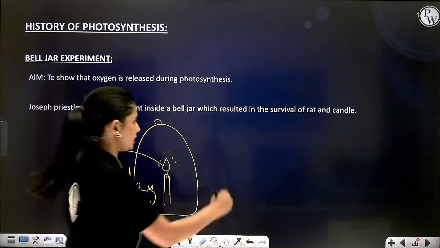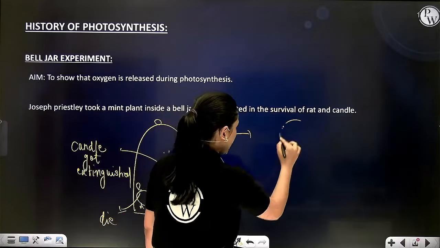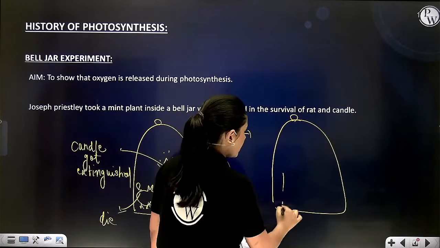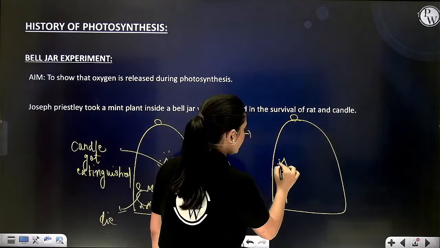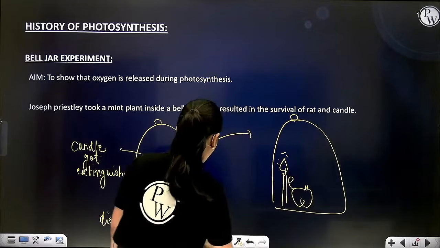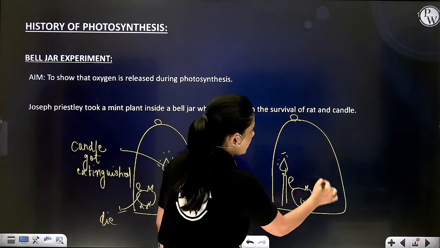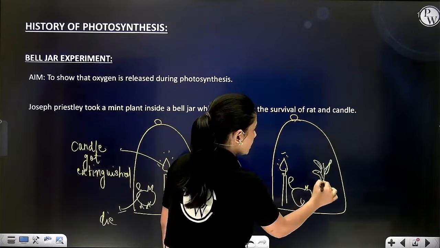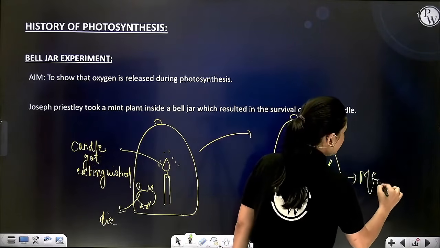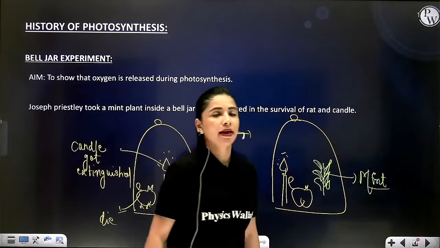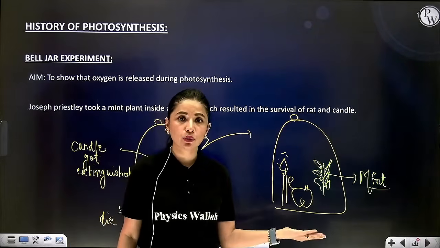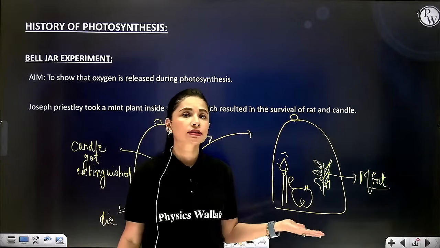Now he took another bell jar, and in this bell jar, along with a burning candle and a live mice, he also kept a mint plant. He observed that once he kept the mint plant inside the bell jar, neither the candle was getting extinguished nor the mice was dying.